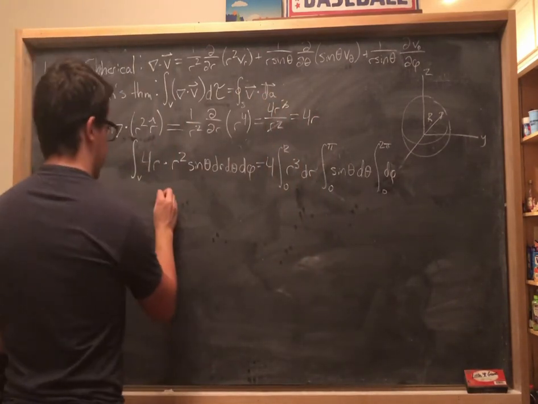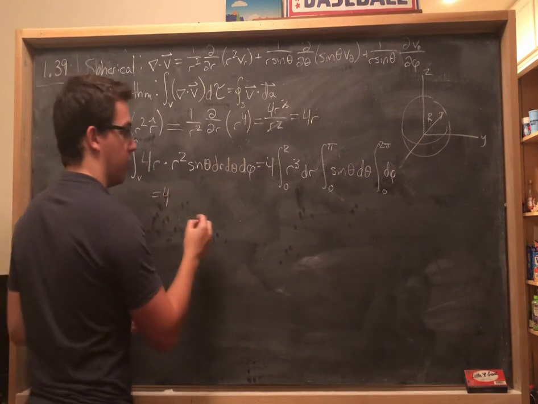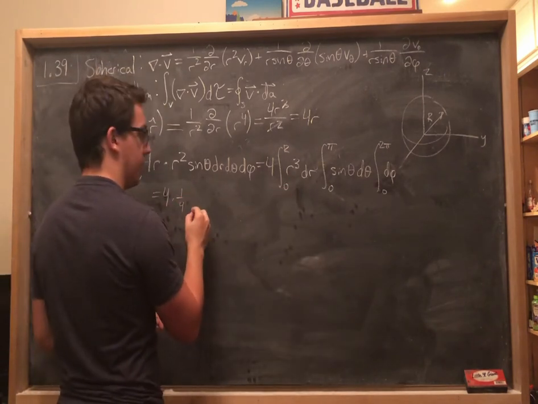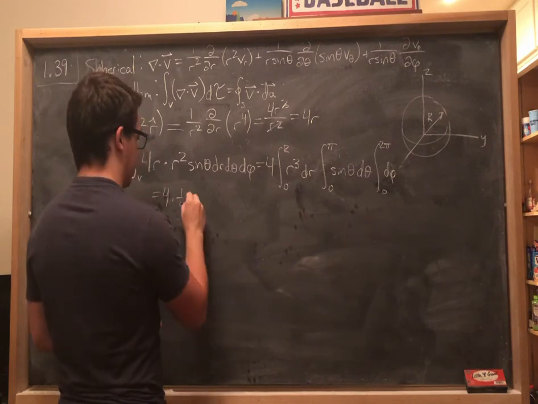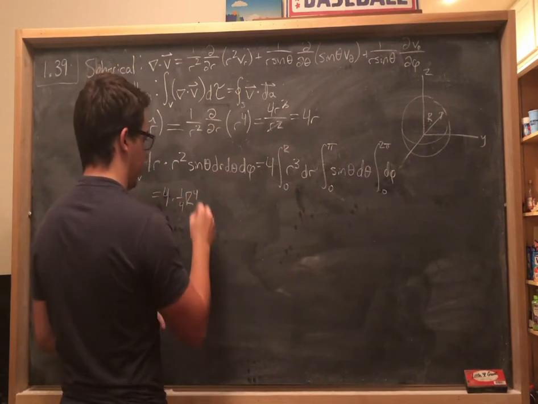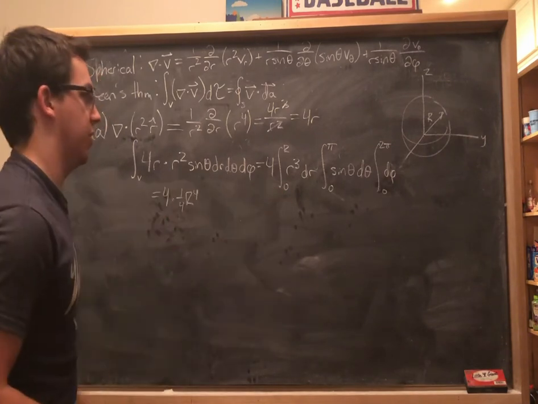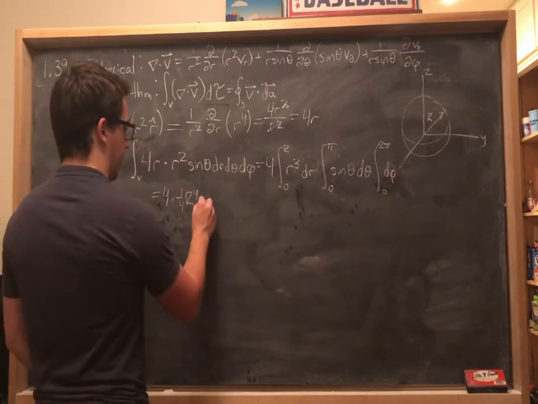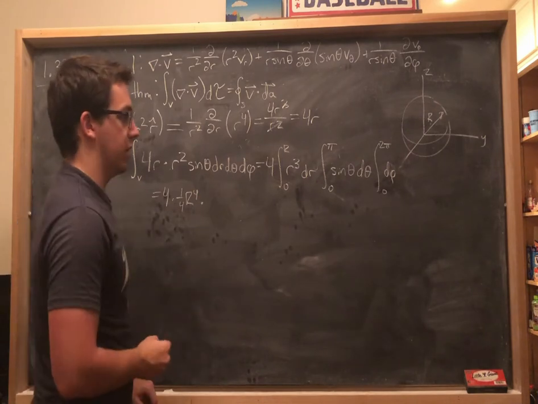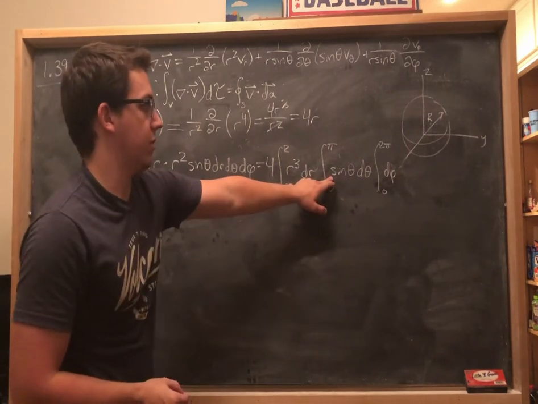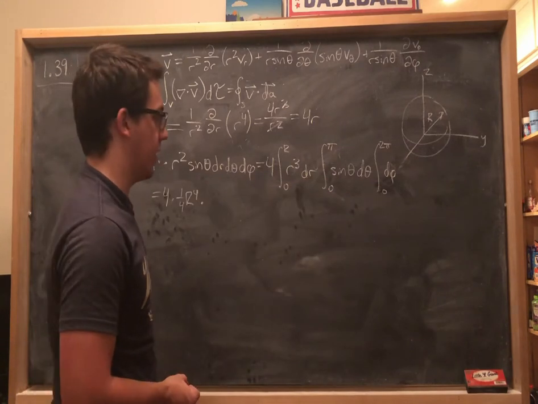Alright, so then this equals 4, that's of course going to be capital R to the 4th over 4, because then the other term is just 0, so we get rid of that, times 2 for this.